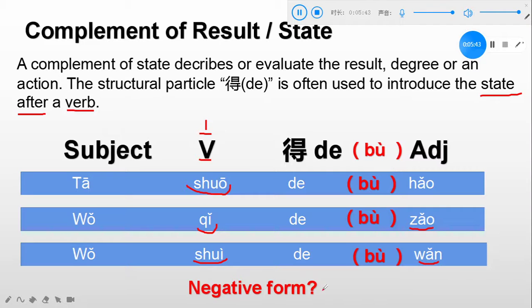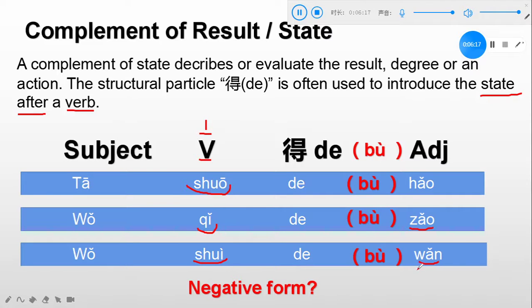These are the negative forms, and they are pretty easy. We just add one more word before the adjective. That's it. 跟我读。第一个，他说得不好。第二个，我起得不早。第三个，我睡得不晚。Okay, so this is just the basic sentence structure.